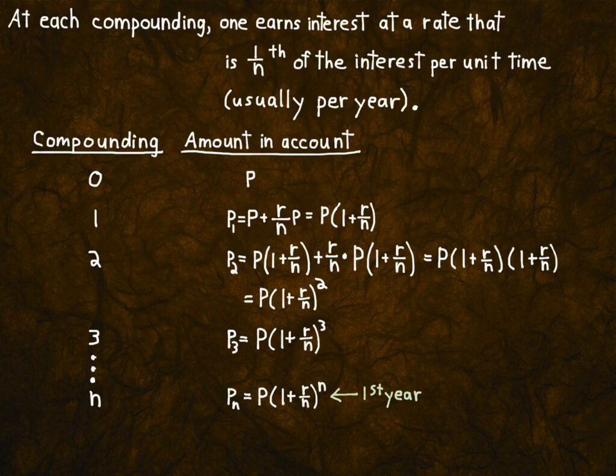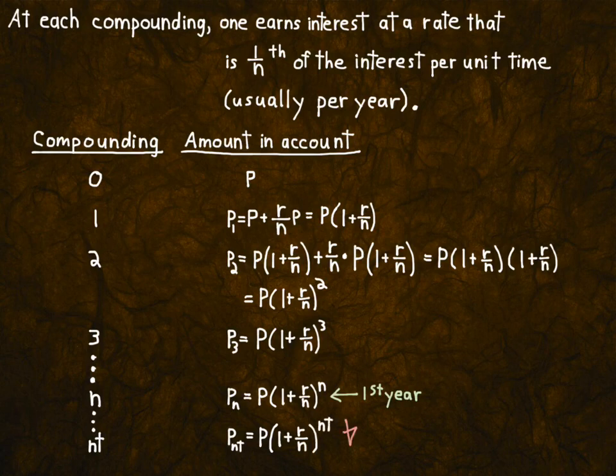And that's the first year. If you do this for 2 years, the first year you're compounding it n times, so for 2 years the power is going to be 2n. It's twice as long, so you've compounded it twice as many times.